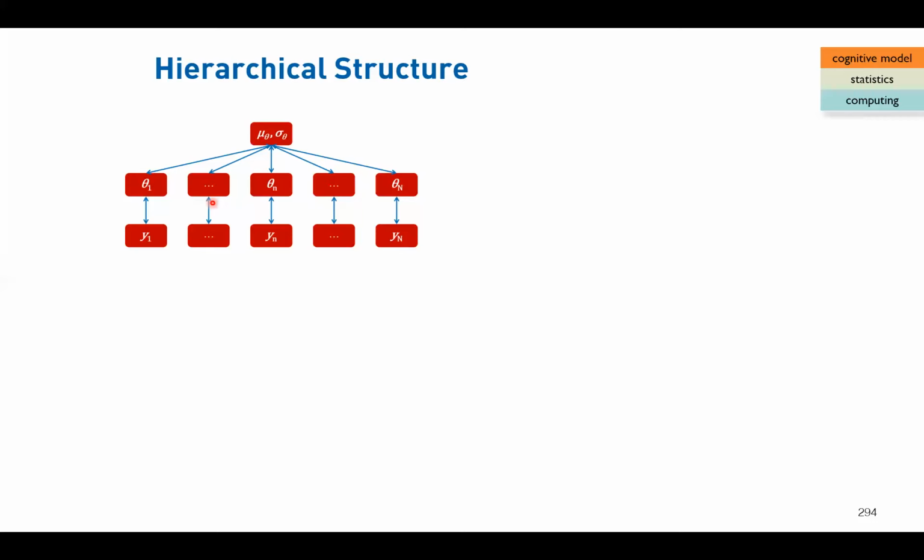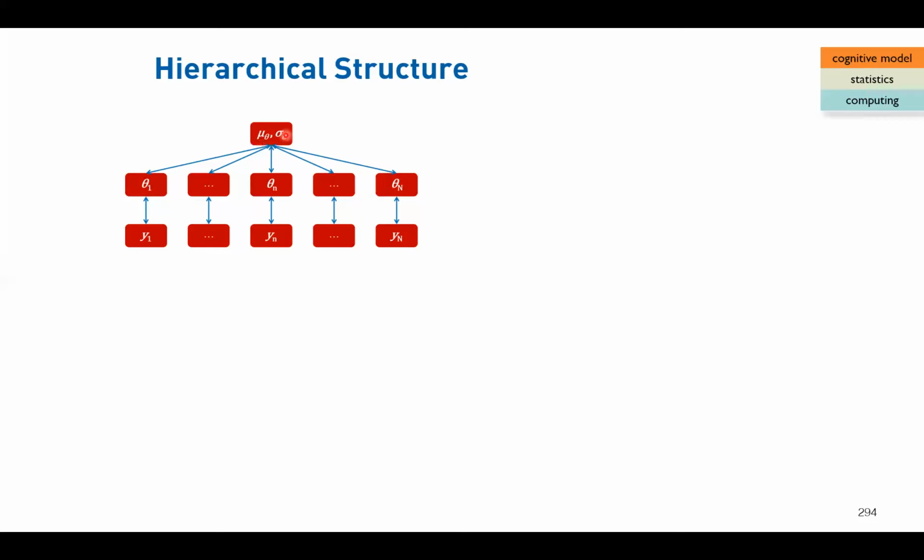So we assume that all of the participants are sampled from the same population. You could imagine there are two levels: one is the individual level, each different participant, and the other is the population level, the underlying population from which we assume the individuals are drawn.